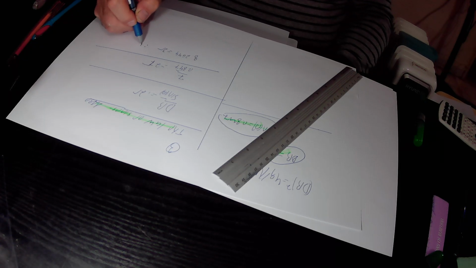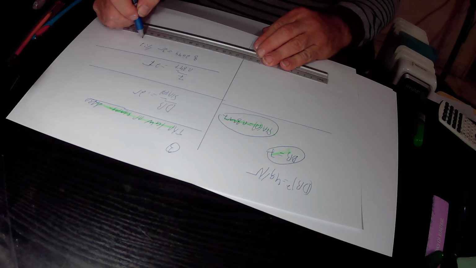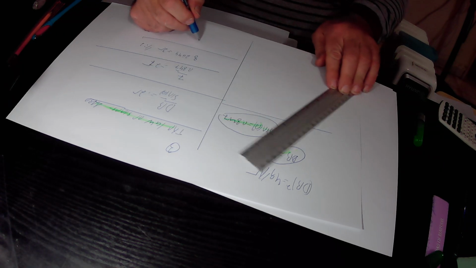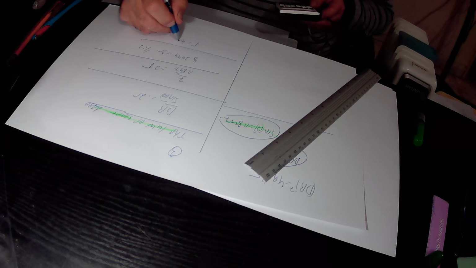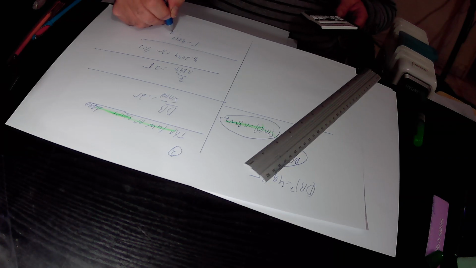Here we divide this equation by 2, so we get that R, the radius of the circle that we are looking for, is equal to 8.2644 over 2, which is equal to 4.132 units.